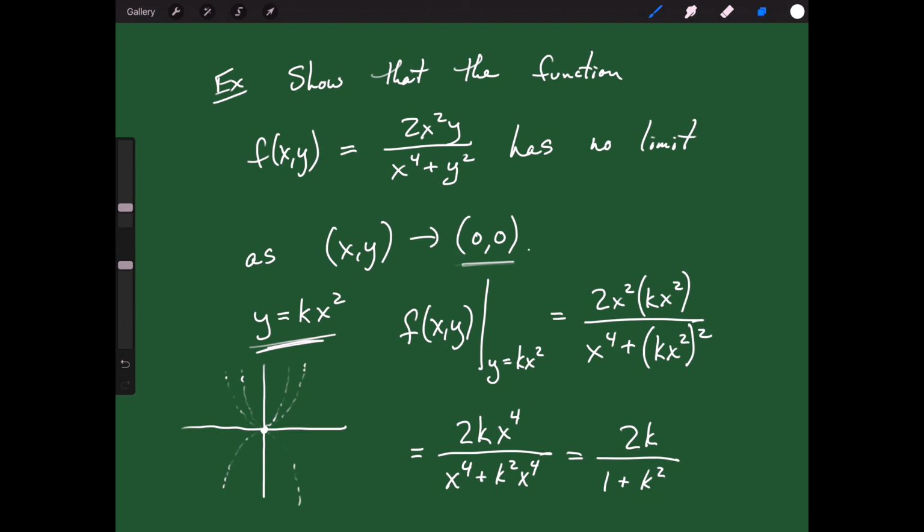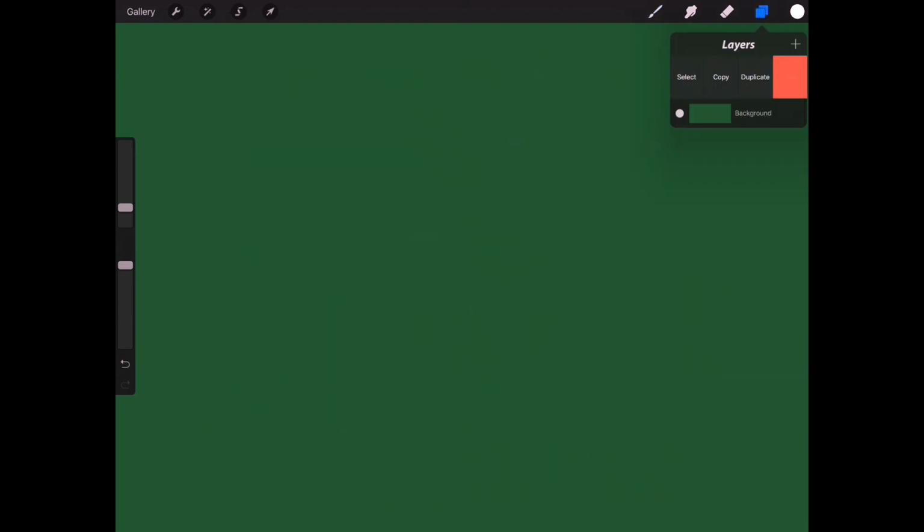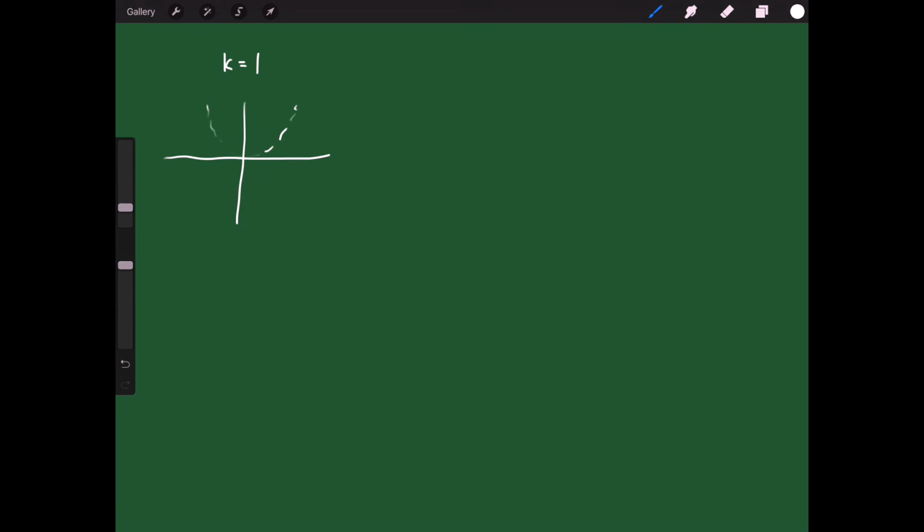So if I walk along this parabola to go to 0, as I get close to this point, what are all of these functional values?